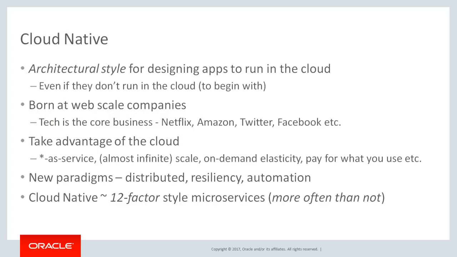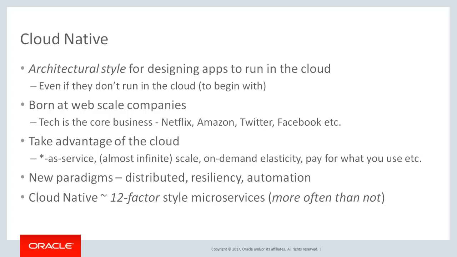Cloud native is nothing but an architectural style at the end of the day for building applications to run in a cloud environment. It was pioneered by these consumer-facing, web scale, large internet scale companies like Netflix, Amazon, Twitter, Facebook, Uber, etc., whose core business really was technology itself, right?